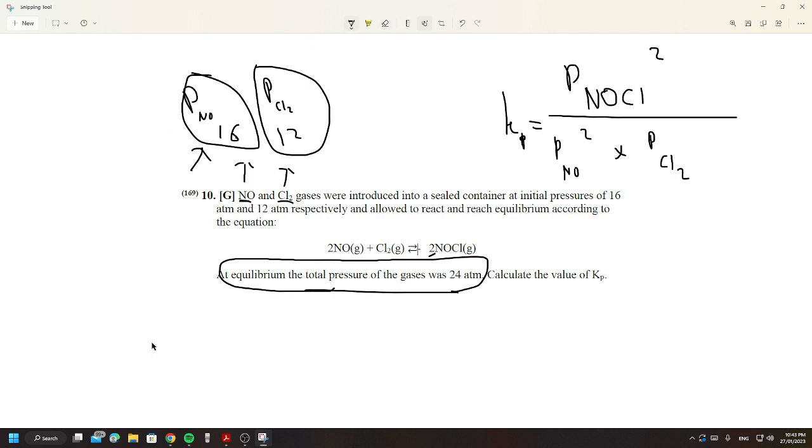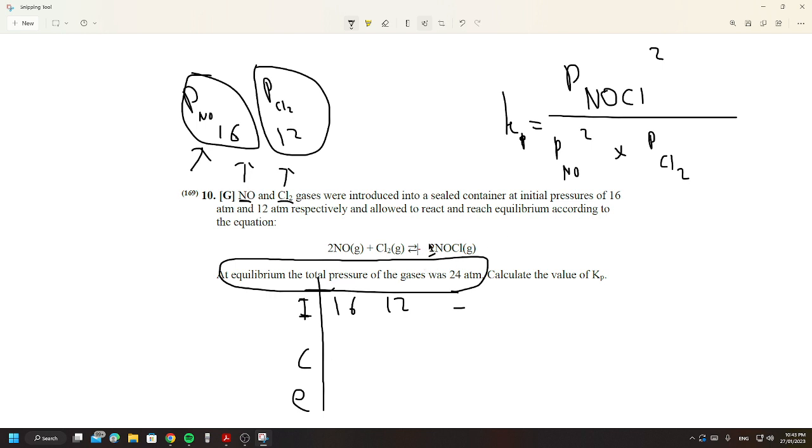So, ICE: initial, change, equilibrium. Initially, the pressure of NO is 16, and for Cl2 it's 12. For NOCl we don't know. Then the change.